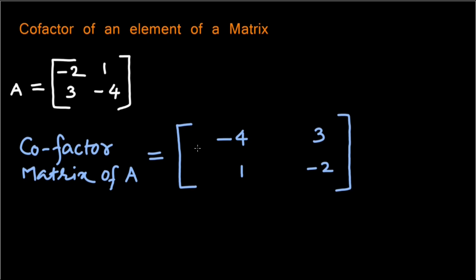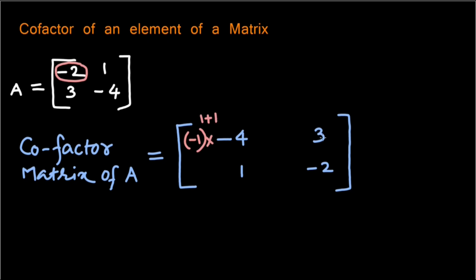For that we will multiply each of these minors by minus 1 raised to the position of the element. Minus 2 is in the first row and first column. So we will raise minus 1 to 1 plus 1, first row, first column, multiplied by minus 4.